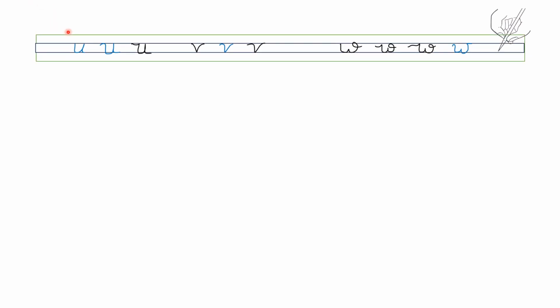See U, V, W. In U, first shape is this, second shape is this. Look at the small curve here, and third, the curve is upwards. Same is the case with V, and same is the case with W. It depends what type of handwriting style we have. If we are writing all alphabets separately, then this should be used.